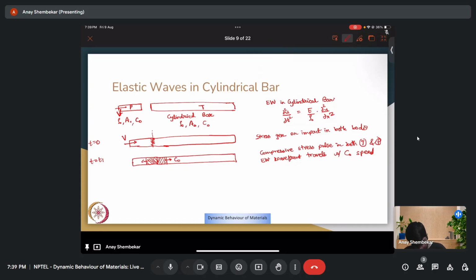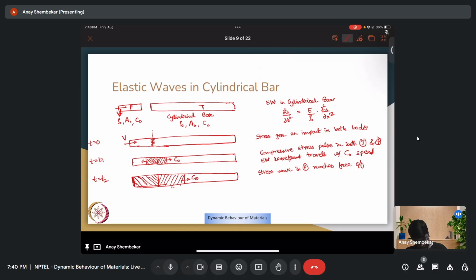At t equal to t2, this compressive pulse in the projectile reaches the free surface. Stress wave in projectile reaches free surface.